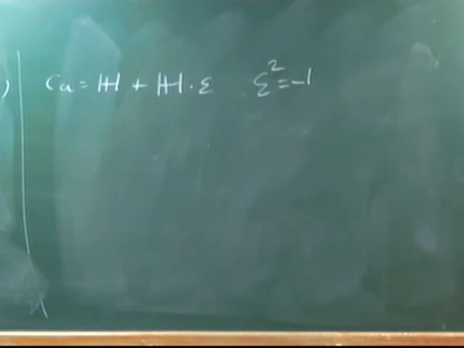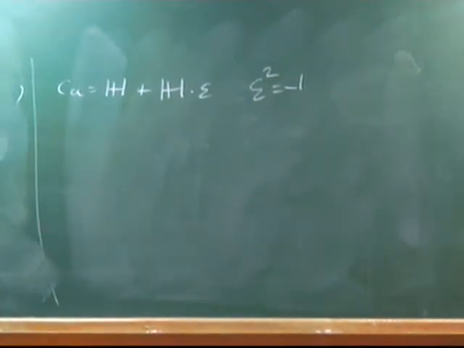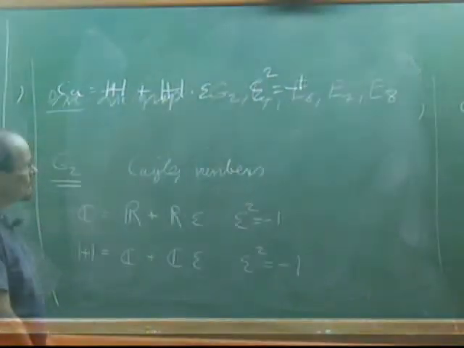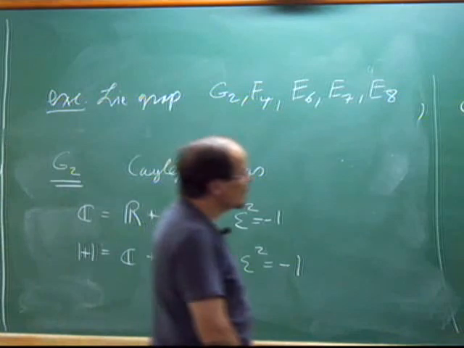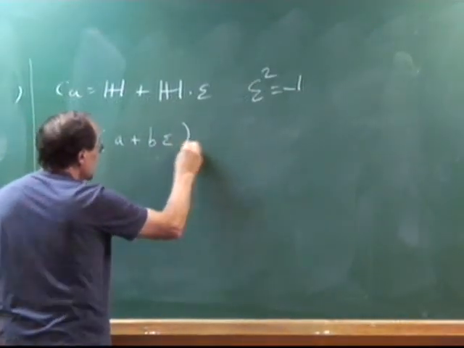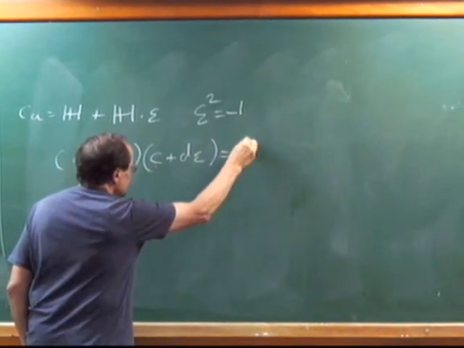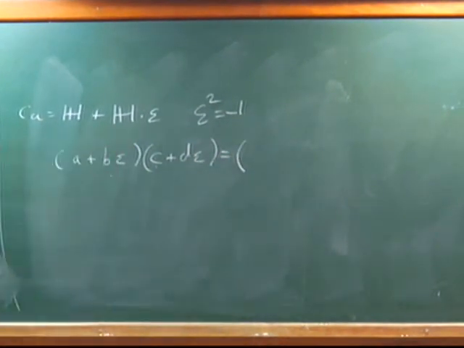Now to be careful, we have to define a product on it. So let's try to multiply A plus B epsilon with C plus D epsilon. One could try to guess what it might be, as for the quaternions, but there's a difference.